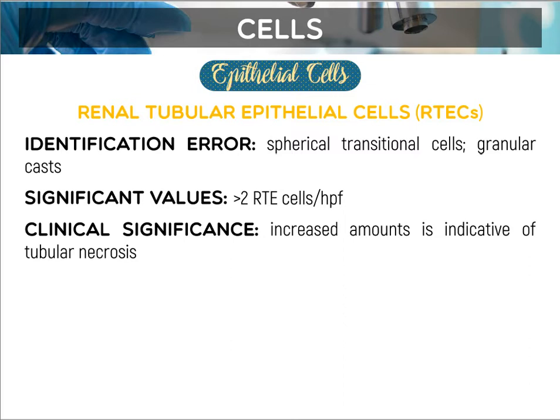If you see more than 2, it is very important because it is indicative of tubular necrosis, which affects overall renal function. So we have to be cautious in reporting; we must be sure, okay?